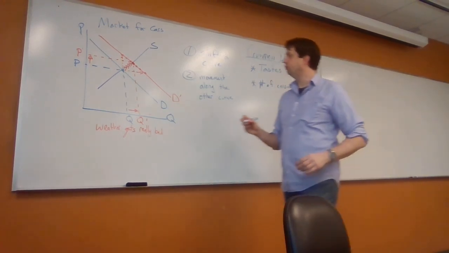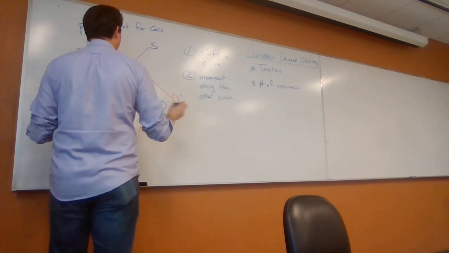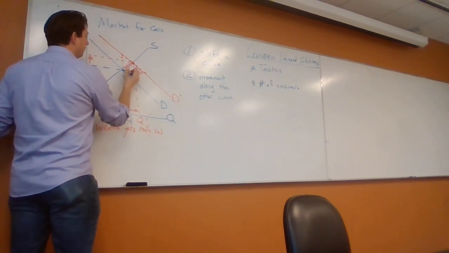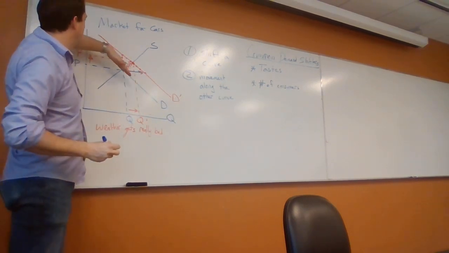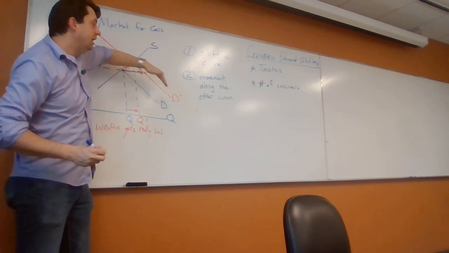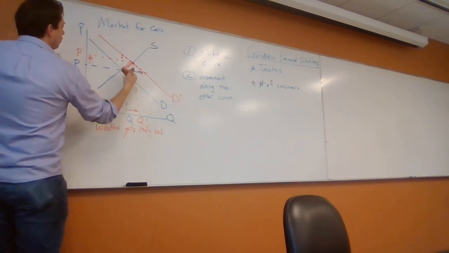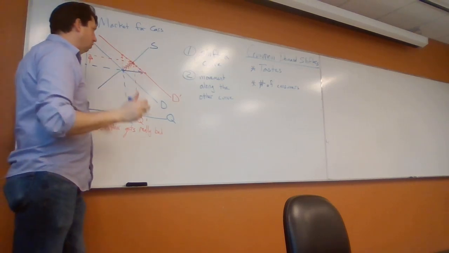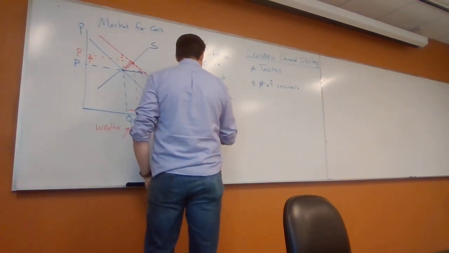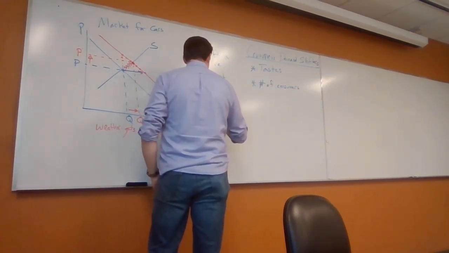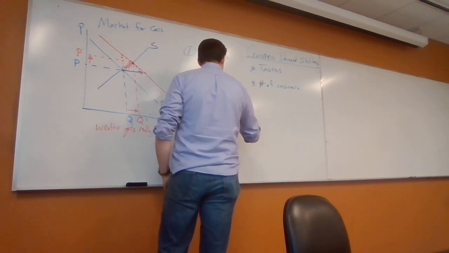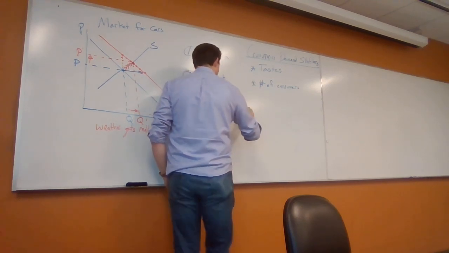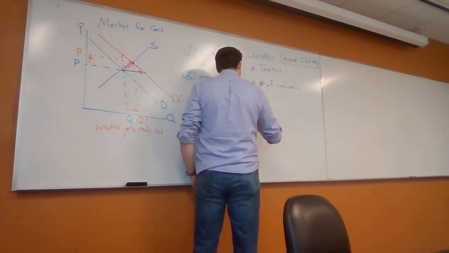That makes sense? Shifting to the right means same quantity but just higher prices. So thank you for emphasizing this. If I shift the demand curve to the right, if I draw a new demand curve over to the right, it's going to look the same as if I shift it up. I draw the same line. So you can think of demand as shifting up or right.